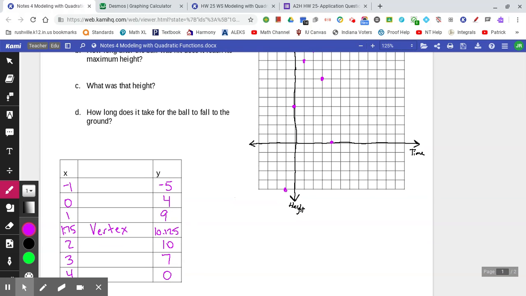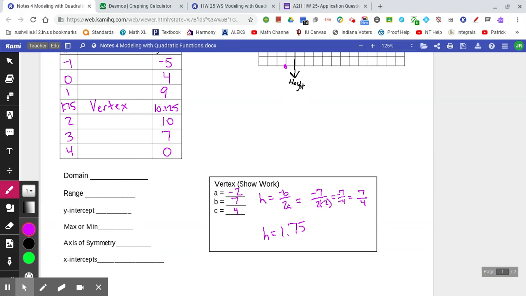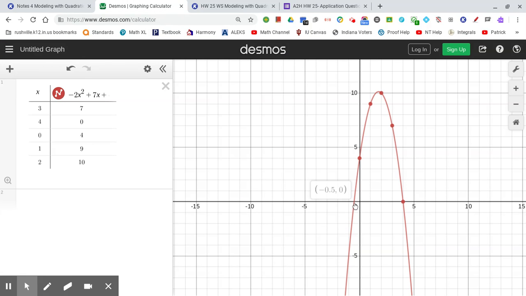Now, before I connect those, there are a couple other points I need to make sure that I have graphed. My y-intercept is already up in that table. It's at 0, 4. And then also my x-intercepts. One x-intercept can be found in the table because it has 4, 0. Anytime 0 is the y-coordinate, that means it's an x-intercept. My other x-intercept I'll have to pull off of the graph.